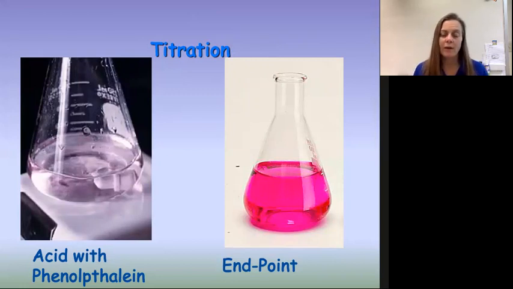So when we just start to see the faintest hint of pink, then we know we have reached that end point and that we have added equal amounts of acid and base, and we can use that and stoichiometry to figure out what the concentration of the unknown was.